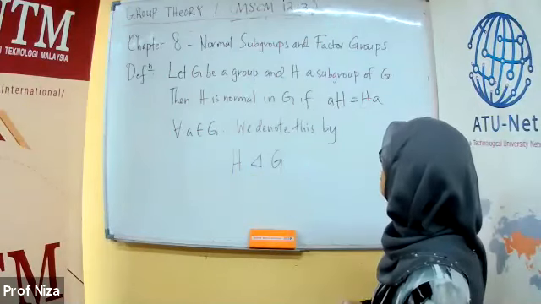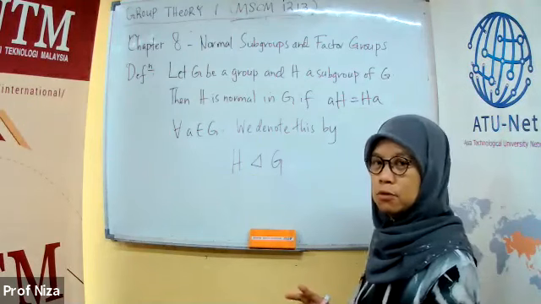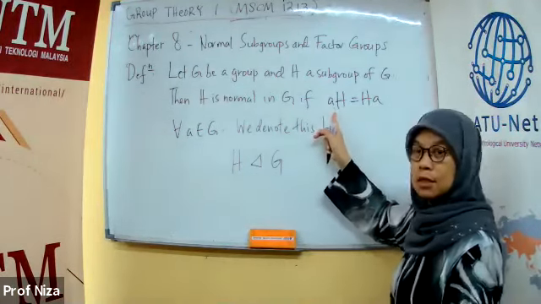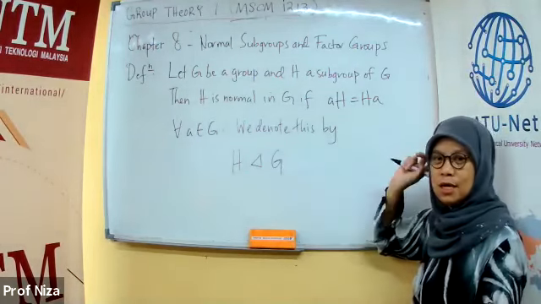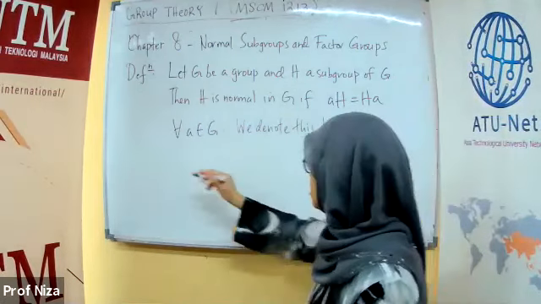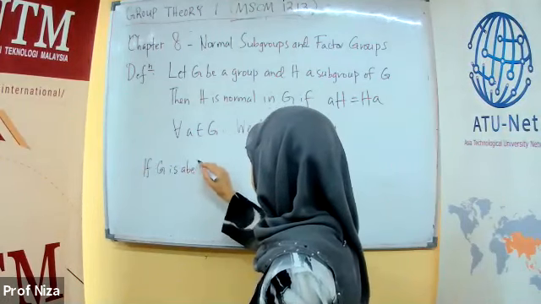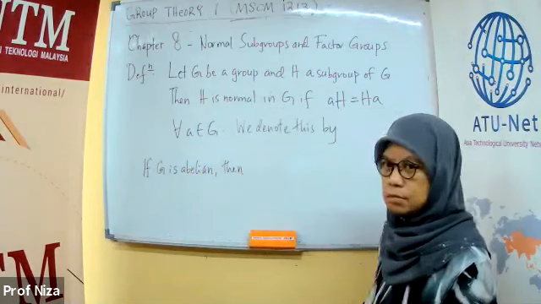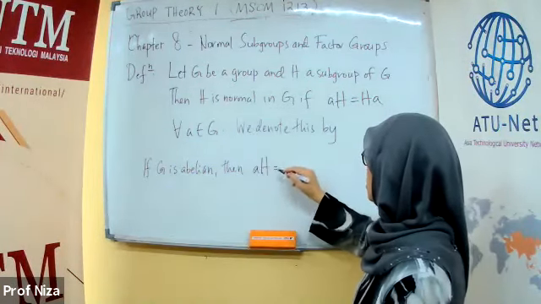Okay, now how do you check a subgroup is normal or not? This is the left coset. This is the right coset. Okay, if G is abelian, then these are equal.